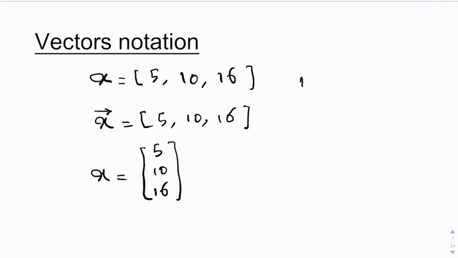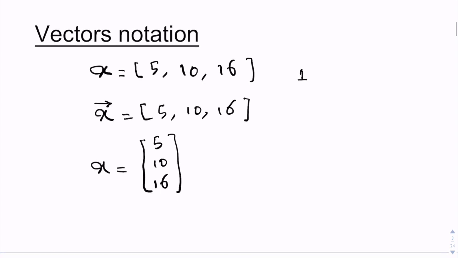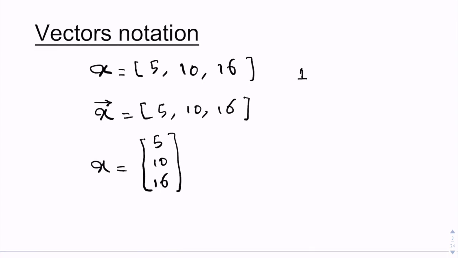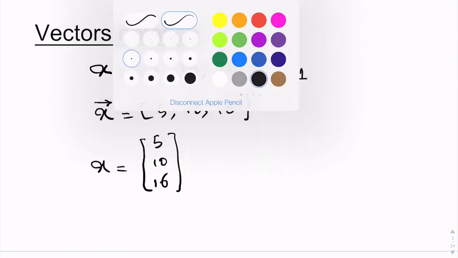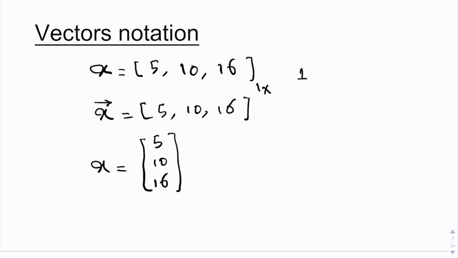Because this is a one-dimensional vector. However, another way of defining it, I can say the dimension of this vector is 1 by 3, right? 1 row and 3 columns.